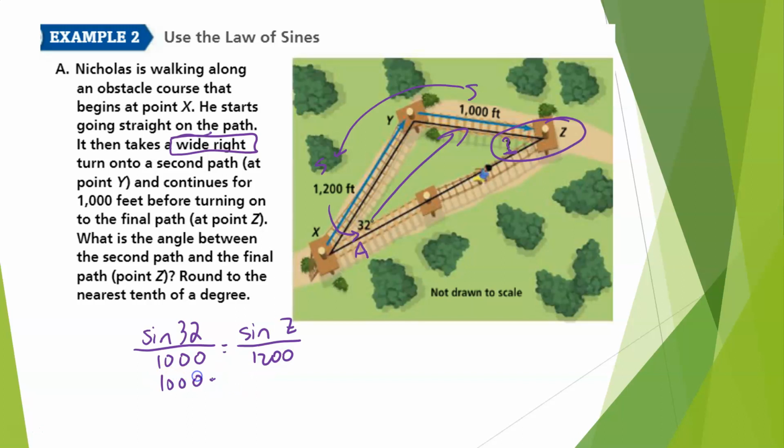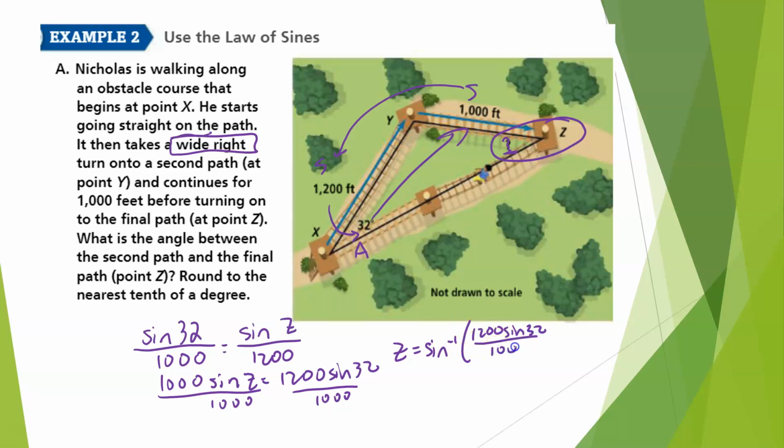Gives me 1,000 sine Z equals 1,200 sine 32. Divide by 1,000. And I get Z equals sine inverse of 1,200 sine 32 over 1,000. So Z, when I did that, was 39.5 degrees.